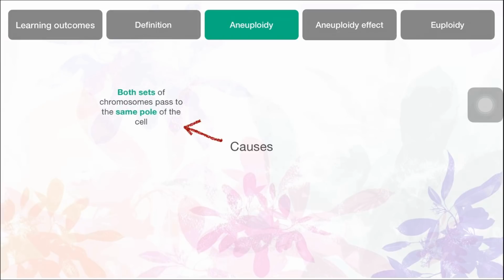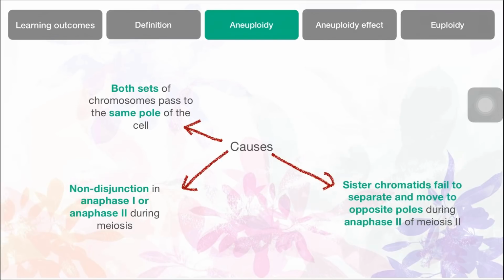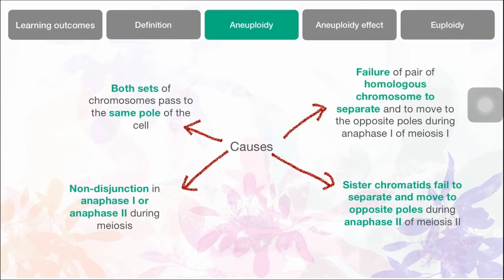Causes of aneuploidy: both sets of chromosomes pass to the same pole of the cell, or non-disjunction in anaphase 1 or anaphase 2 during meiosis. Sister chromatids fail to separate and move to the opposite poles during anaphase 2 of meiosis 2. Or maybe failure of a pair of homologous chromosomes to separate and to move to the opposite poles during anaphase 1 of meiosis 1.